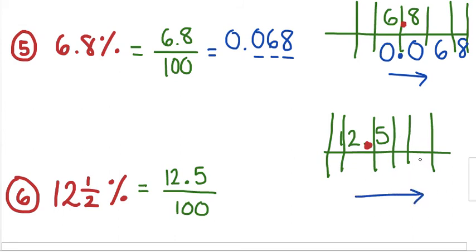So 1, 2, it goes here. And the 2, 1, 2 here. And the 1, 1, 2 here. And my decimal point remains in the same point. So the answer is going to be 0.125 or 125 thousandths. Perfect, girls.